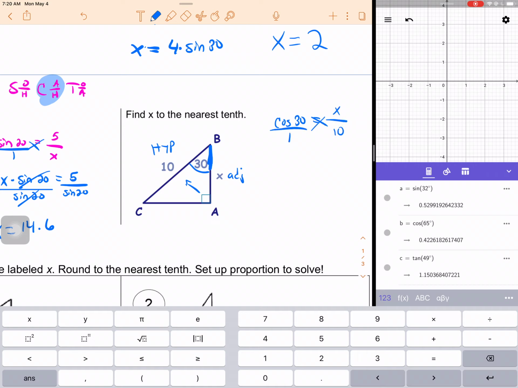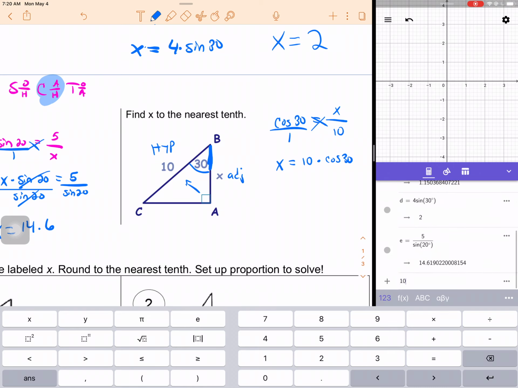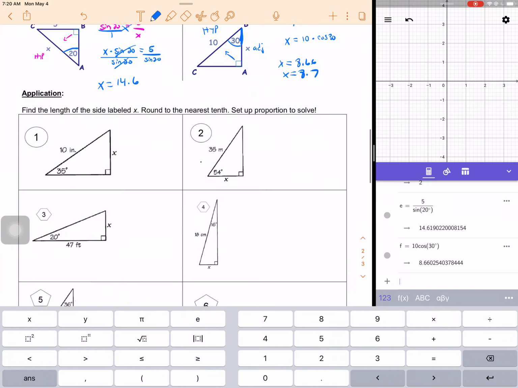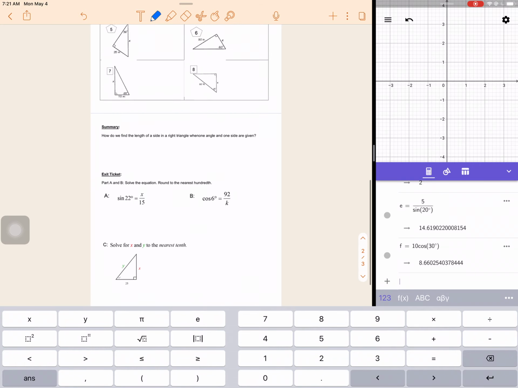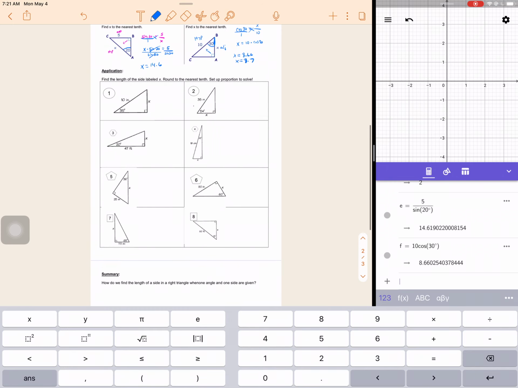Put it over 1, cross multiply, solve. x equals 10 times cosine 30. Right into the calculator, 10 times cosine 30. To the nearest tenth, 8.66 is 8.7. All right, so work on these on the bottom, and we'll practice more today. You only have to go up to number 8 right here.